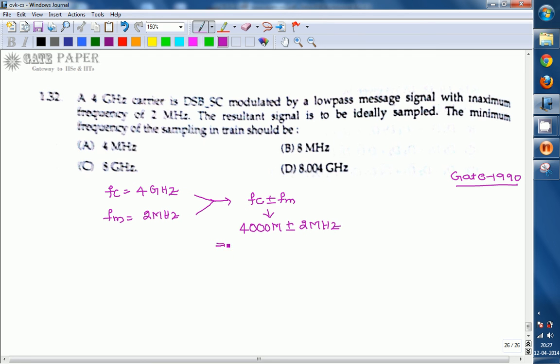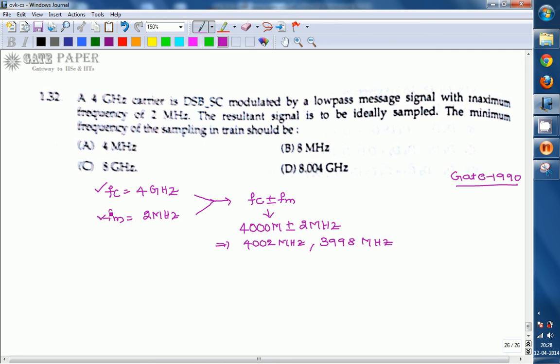The resultant outputs are 4000 plus 2, that is 4002 MHz, which is one spectral component. Another one is 4000 minus 2, that is 3998 MHz.